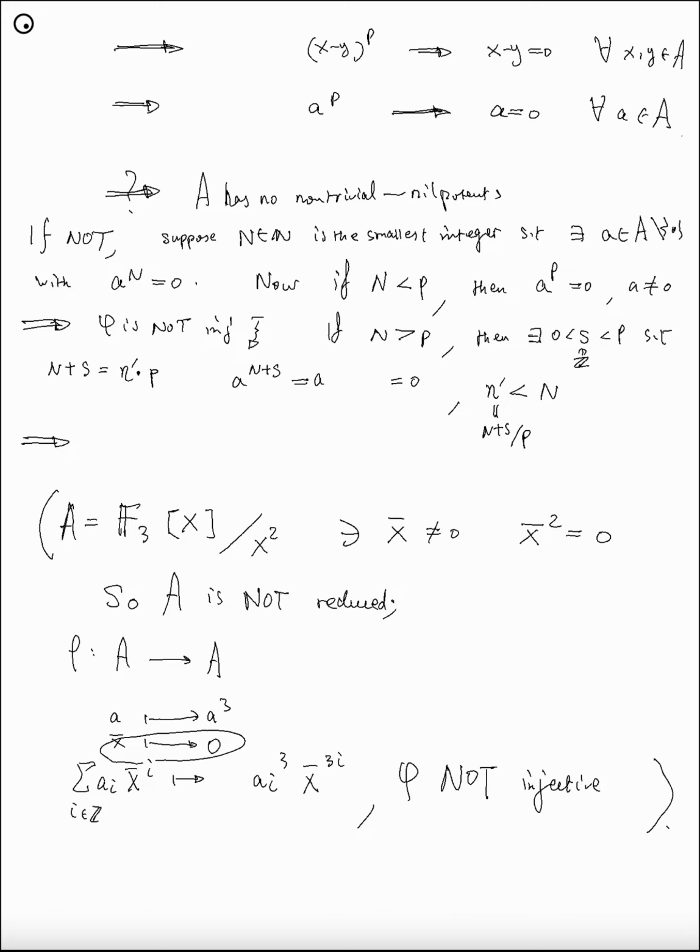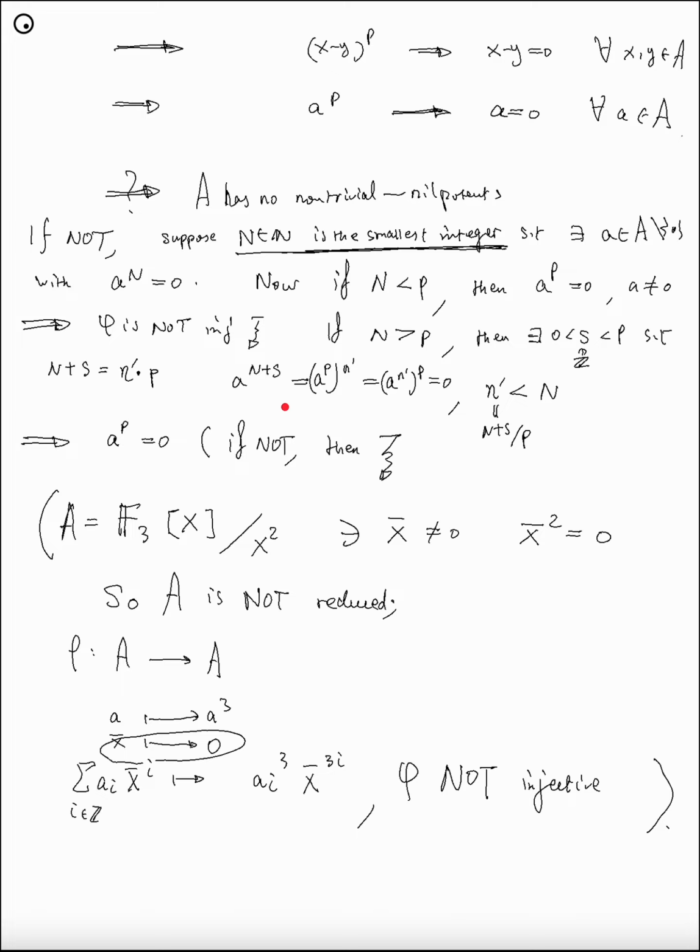a to the power p to the power m prime, and this is also a to the power m prime to the power p equals 0. This forces a to the power p equals 0, because if not, then it contradicts n being the smallest integer.